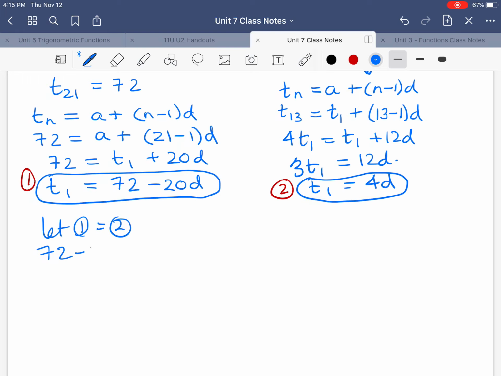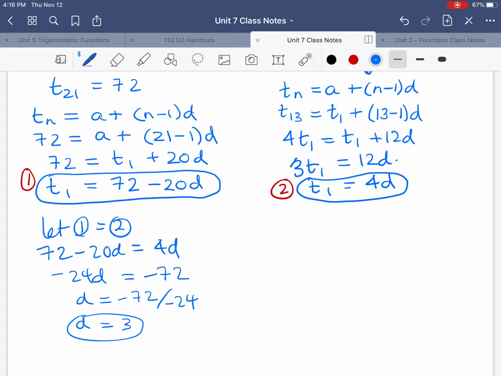That gives us 72 minus 20D is equal to 4D. We want to get all the D's by themselves, so we end up with negative 24D on the left-hand side and negative 72 on the right-hand side. D is negative 72 divided by negative 24, so D is equal to 3. Our common difference is equal to 3.